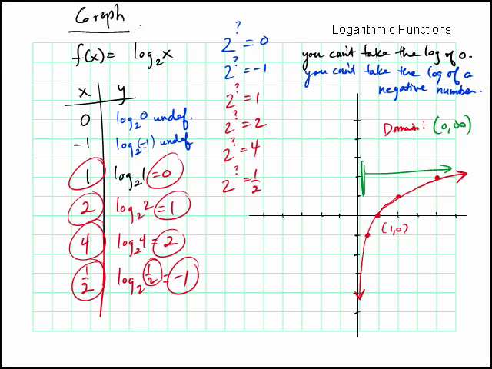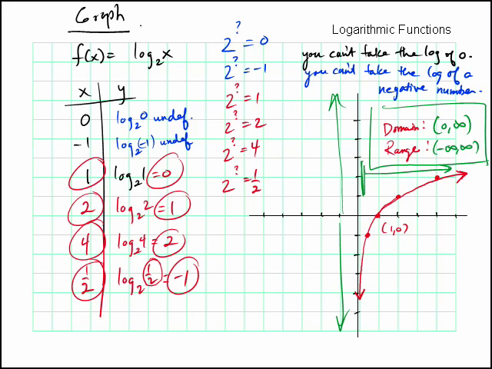It's got to be strictly positive. And the range, notice that it goes down along the y-axis and it keeps heading upward as well. It goes up very slowly but will continue upward, and so the range is actually all real numbers, negative infinity to positive infinity. Now this is the basic graph of a logarithmic function. That ends the lesson.